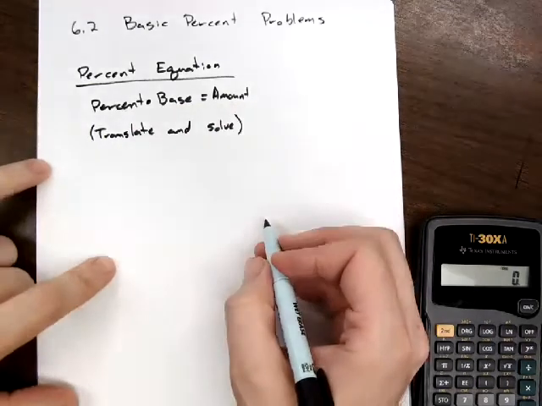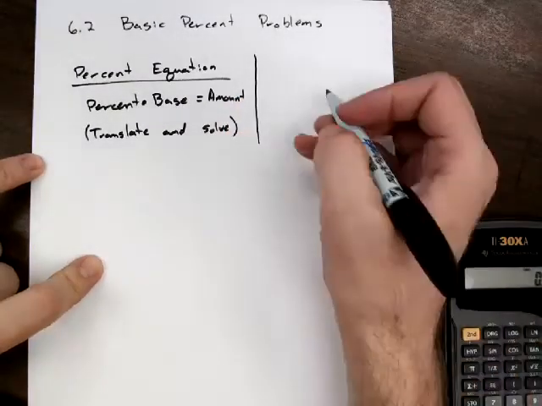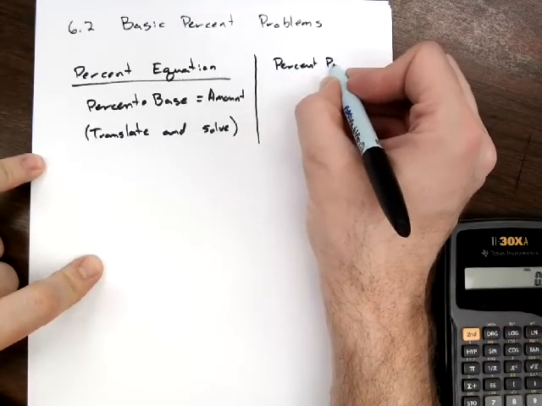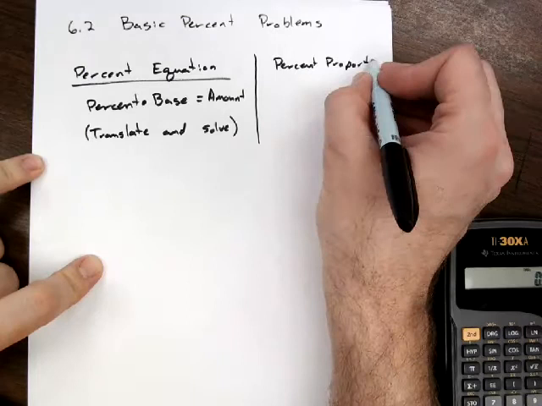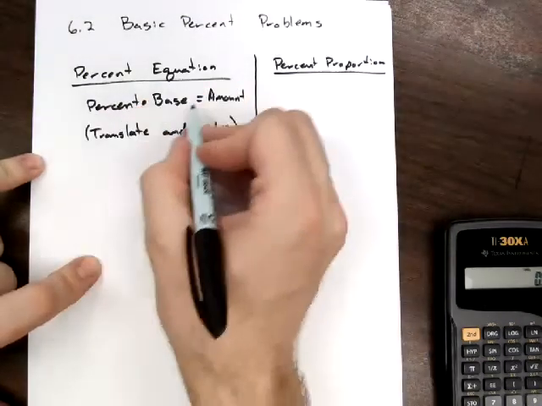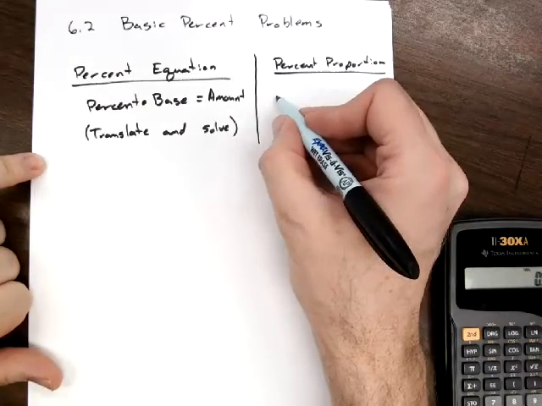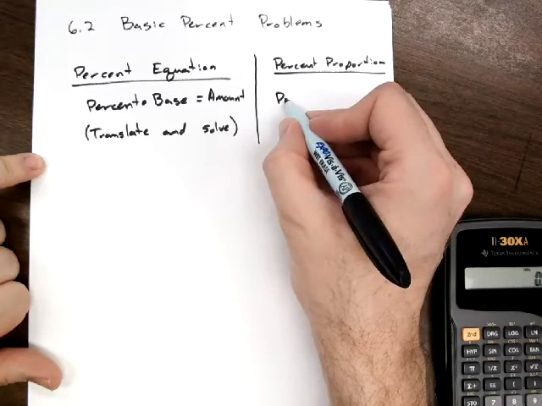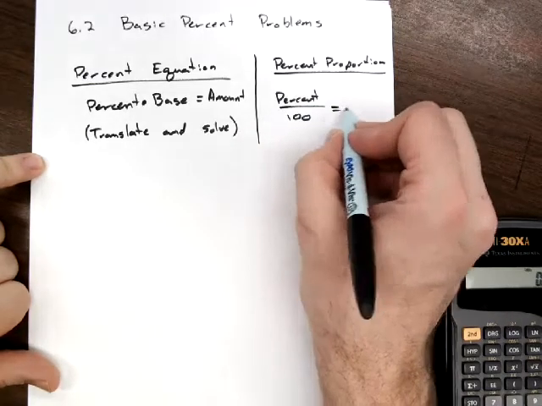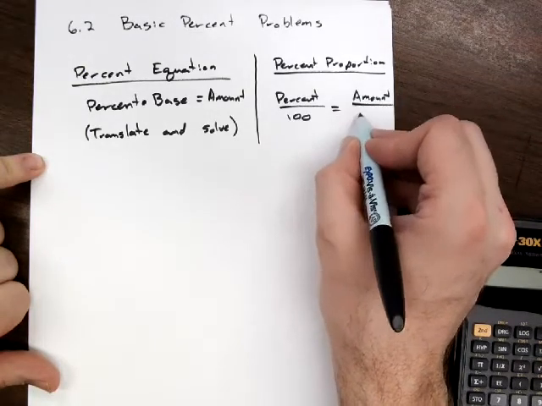The other way that we're going to do this is not with the percent equation, but with what we call the percent proportion. And that percent proportion is the same sort of idea. Remember that a percent is always a parts of 100, so we'll have that percent, whatever that number is, over 100 is going to be equal to the amount divided by our base.